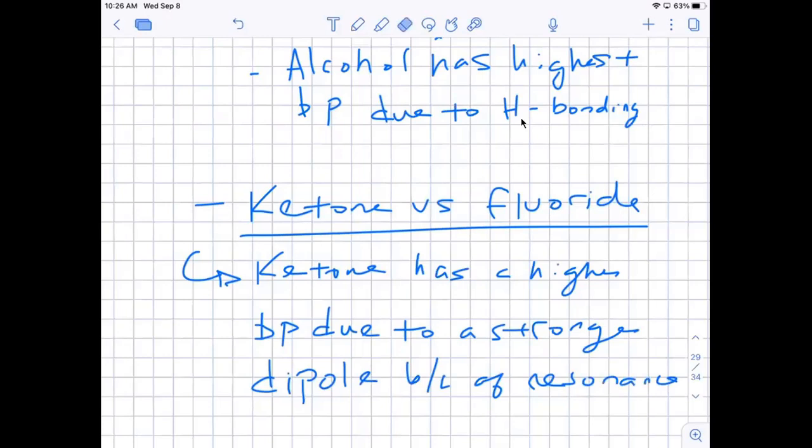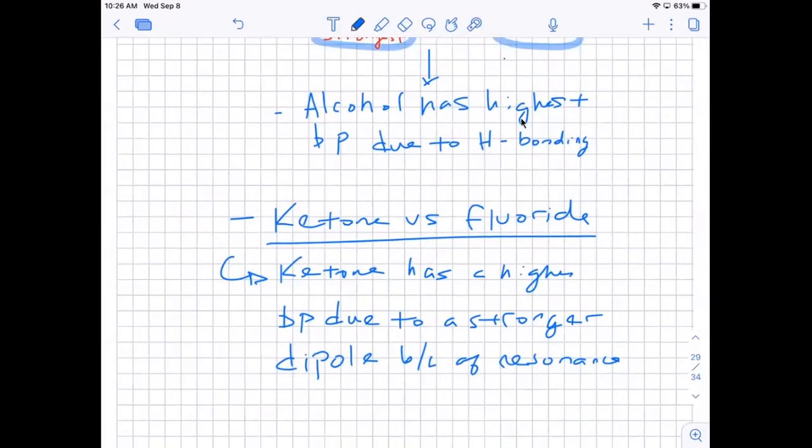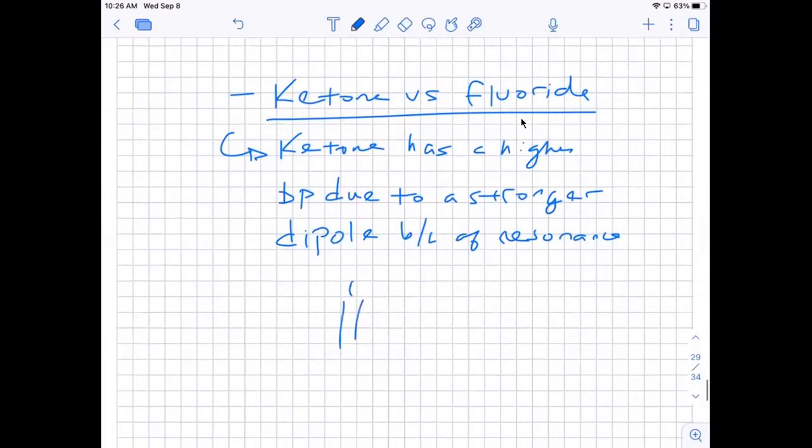Right. And it's probably due to the fact that that carbonyl can do resonance and put a full positive on carbon, like so.